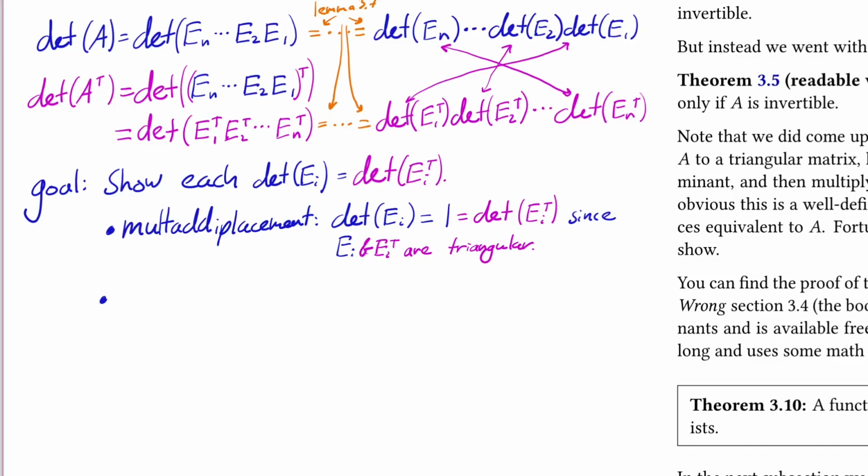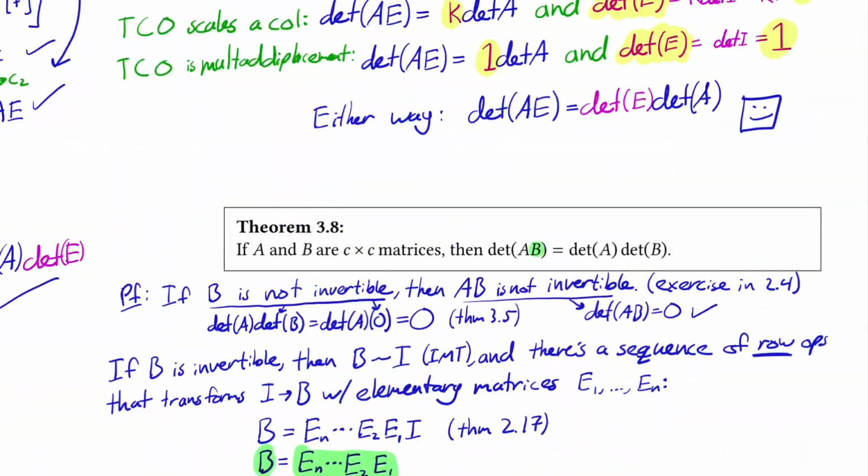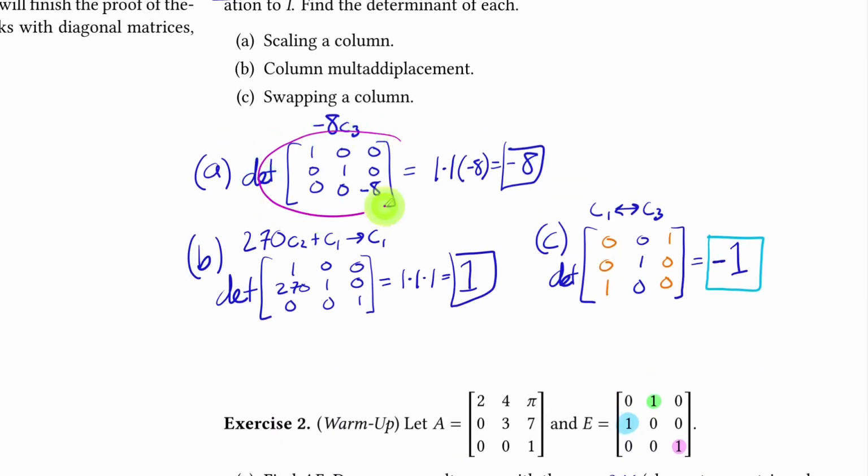What if it's a scaling operation? Well, the result of a scaling operation leaves you with an elementary matrix that's symmetrical. It's equal to its transpose. Let's see why that is. An example of that is right here. If you take the identity matrix and scale a row, you're only scaling the thing that's on the main diagonal.